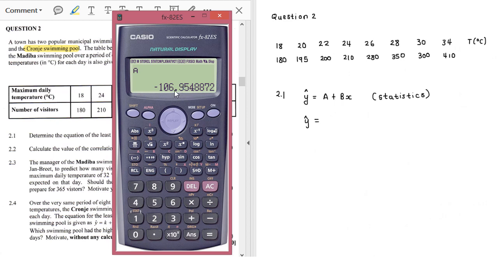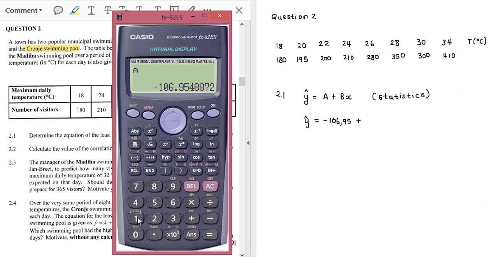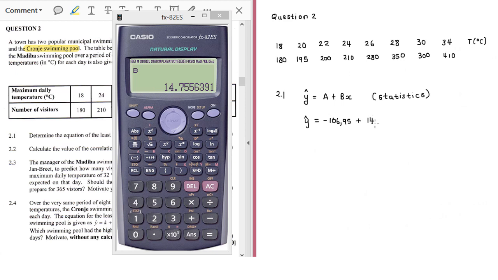To 2 decimal places, this is negative 106.95, so negative 106.95 plus, now we need the B value, so we go back to shift stat and then 7, and we grab the B value, which is 14.76 to 2 decimal places, and then your X. So there you go, there is the equation of your least square regression line, or what we call the line of best fit.